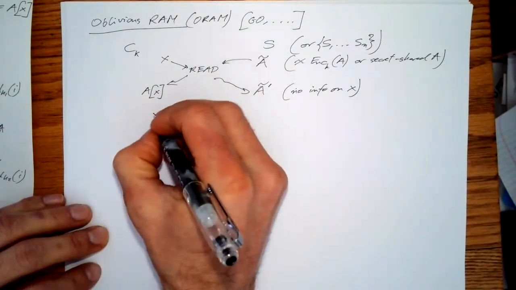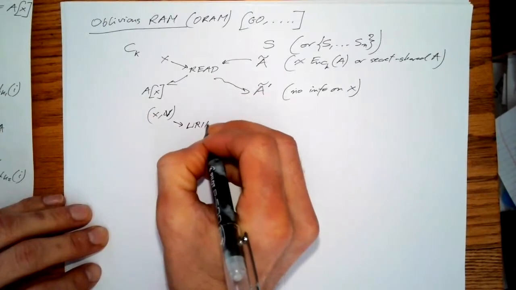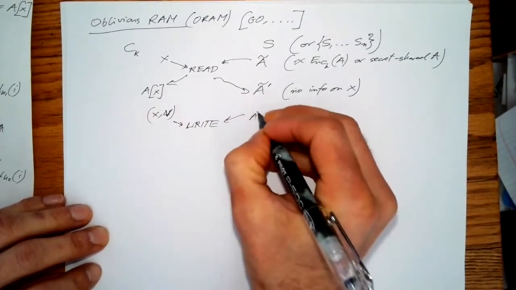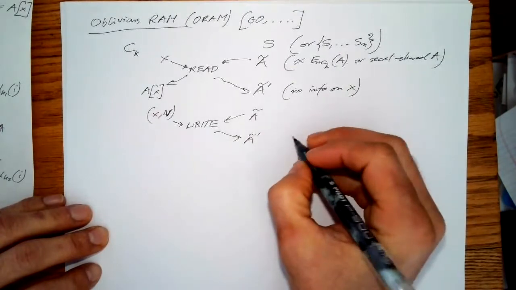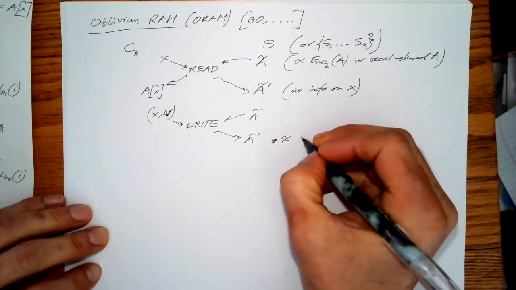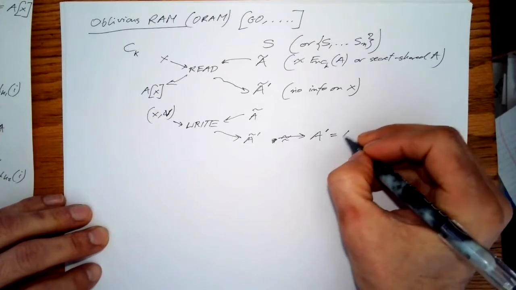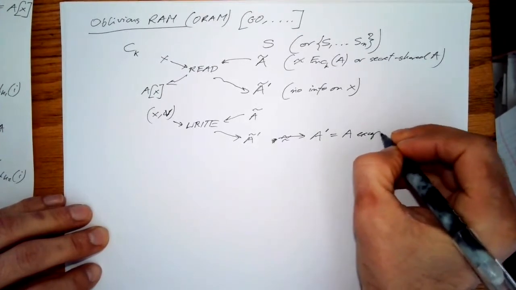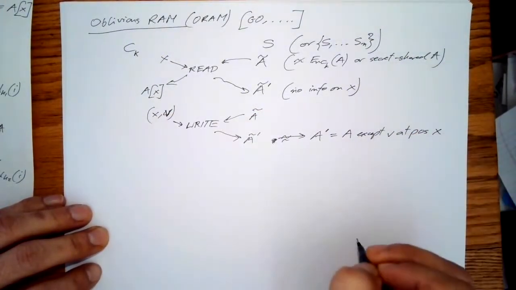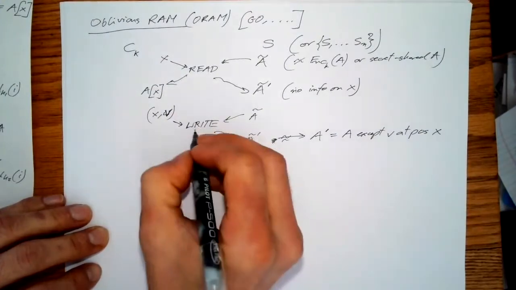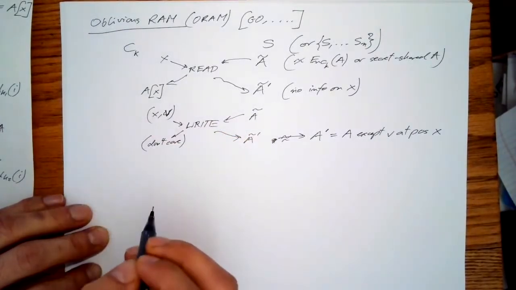Okay, and also you can have a write. The servers perform some operations such that at the end this corresponds to a modified memory, which is equal to the previous, except this new value V at position X. Here we don't care what the client gets from this.